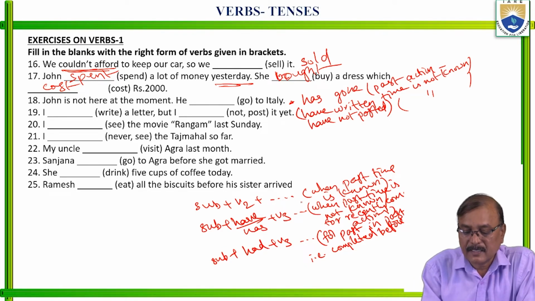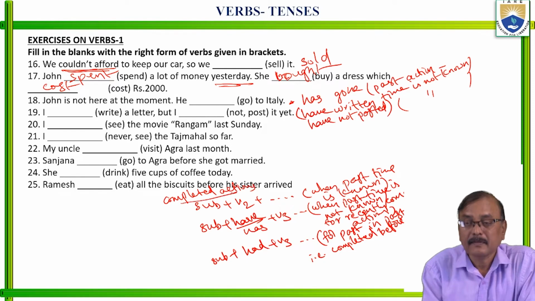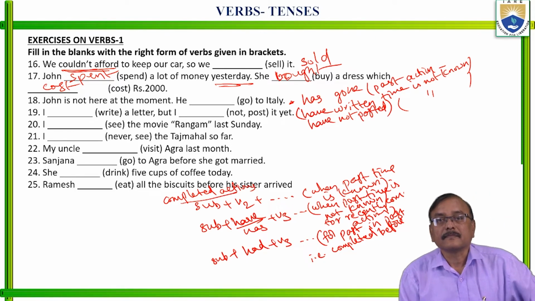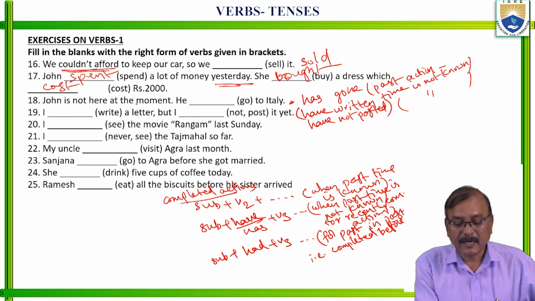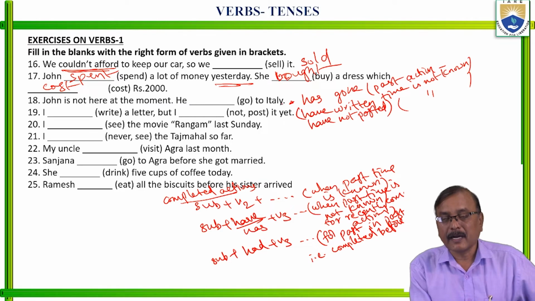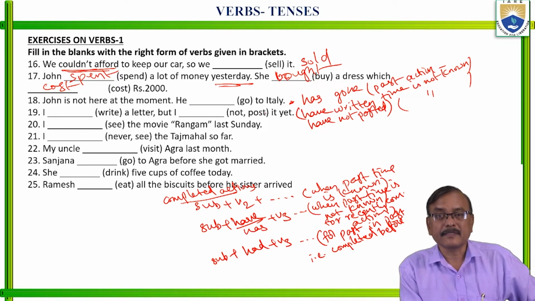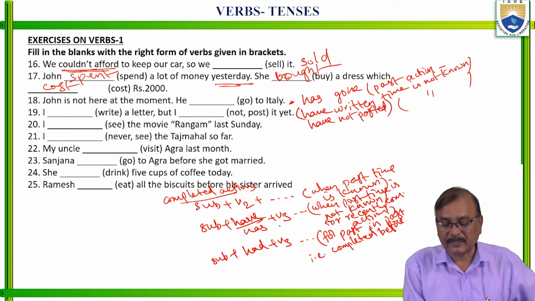See, this is here for completed actions. See this. What is it here? John is not here at the moment. He has gone to Italy because your time is not mentioned here. Time is not known. Only its result is there. Right? So present perfect. Have V3 or has V3.